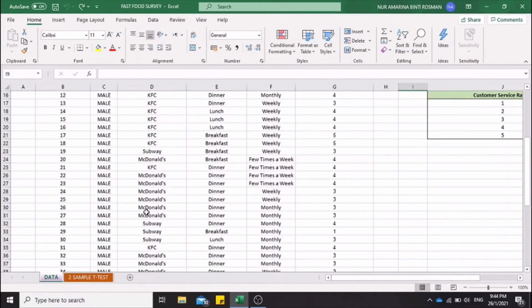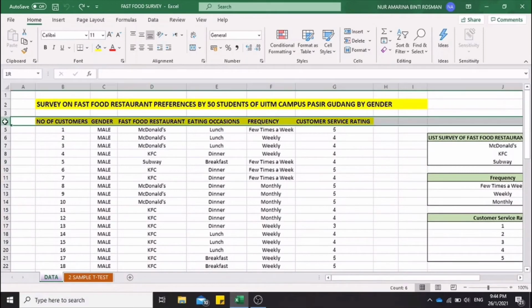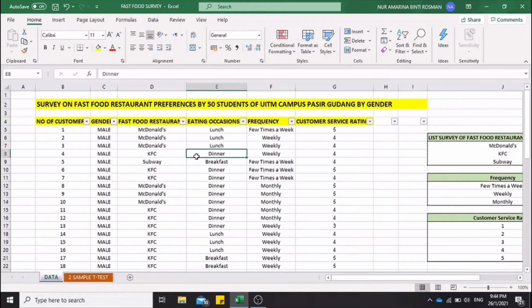So first, you have to click here and add filter. This is because, as you can see here, there are actually three fast food restaurants: McD, KFC, and Subway. But in that question, you only have to do two fast food restaurants for the hypothesis, which are KFC and Subway.